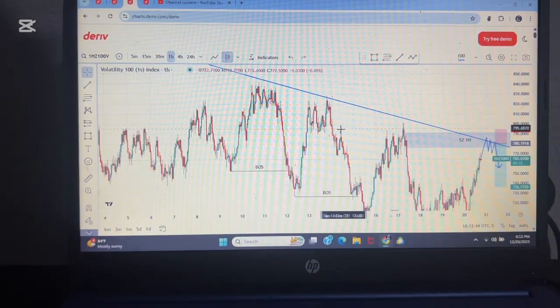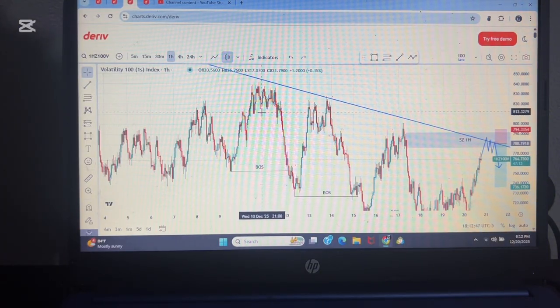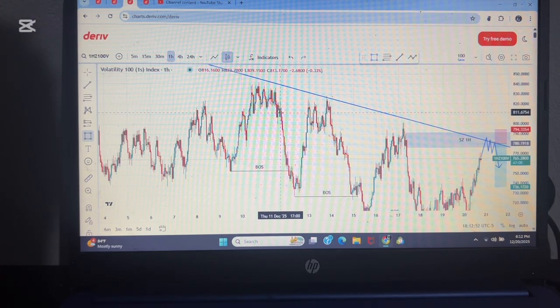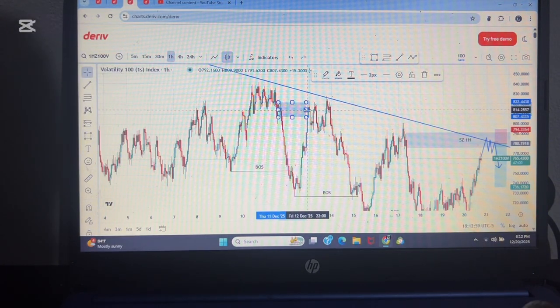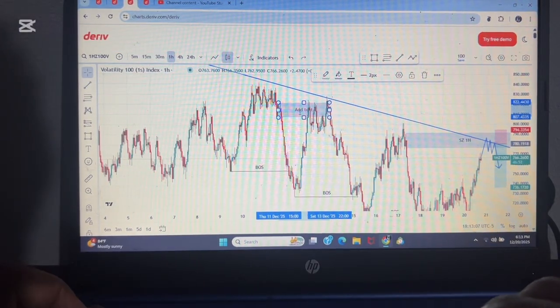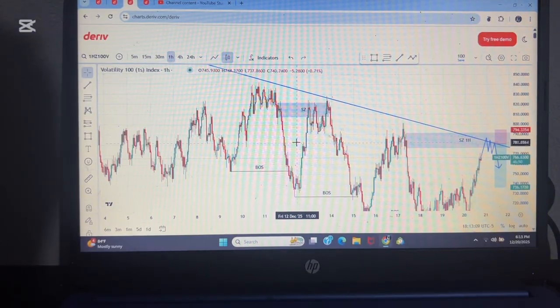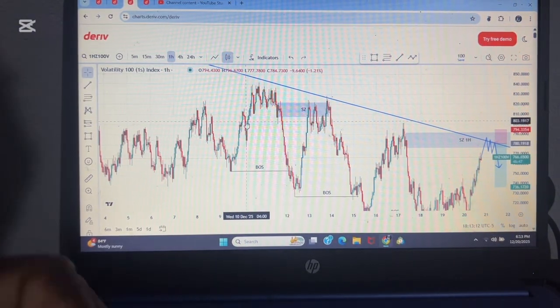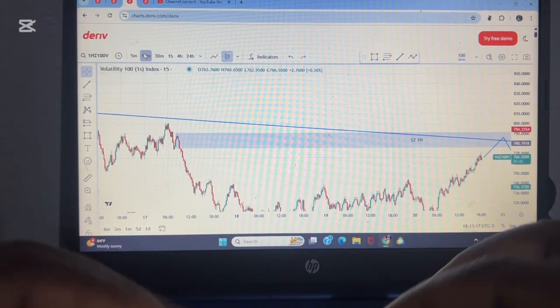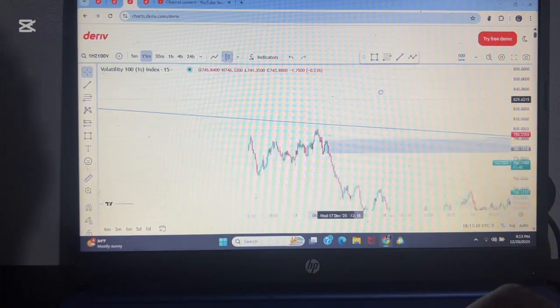You see the fair value gap upon this zone, and the fair value gap is right off here, even upon a 15-minute or a 30-minute time frame. So you're looking for that, and mark a supply zone. Alright? So what I say you do is you scroll down to the 15-minute time frame. You see it? After you scroll down to the 15-minute time frame, and then we come back with this.